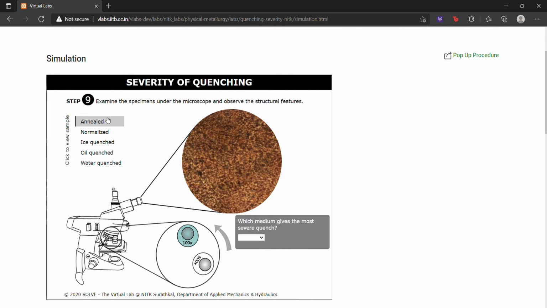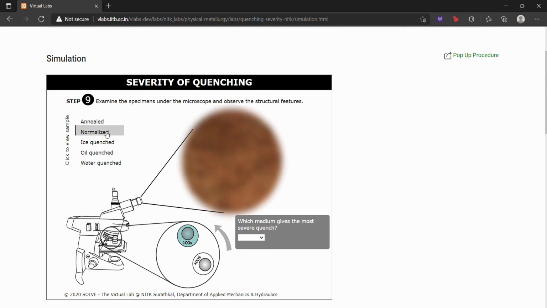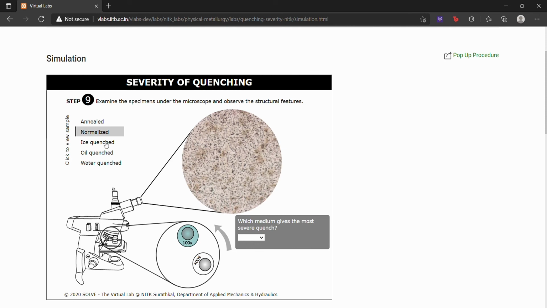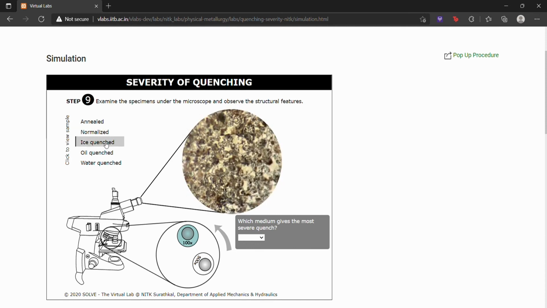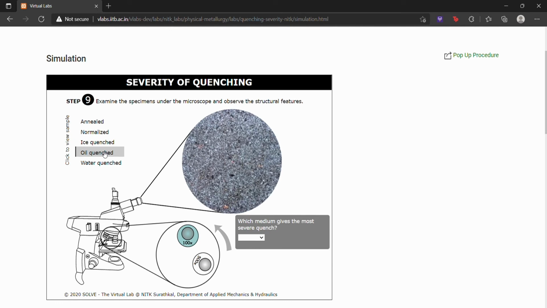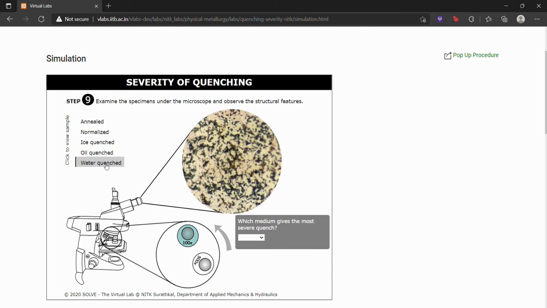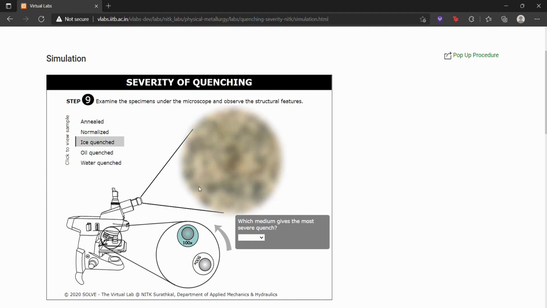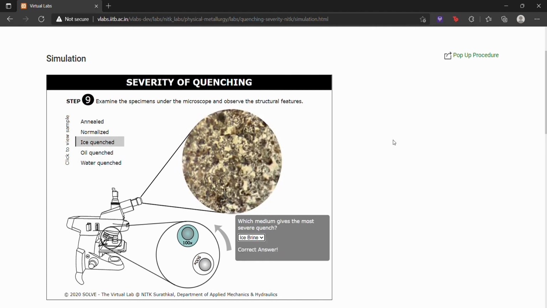So as we can see, this is the structural features for annealed, this is for normalized, this is for ice quench, this is for oil quench, and the last one is water quench. Which medium gives the most severe quench? Ice cream.